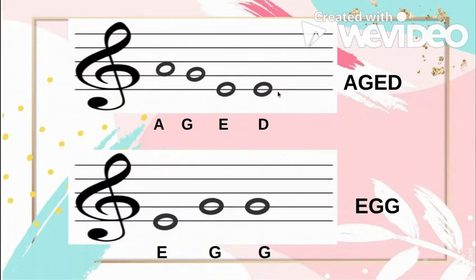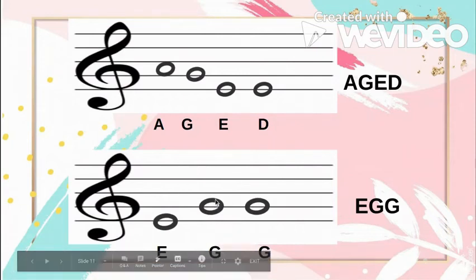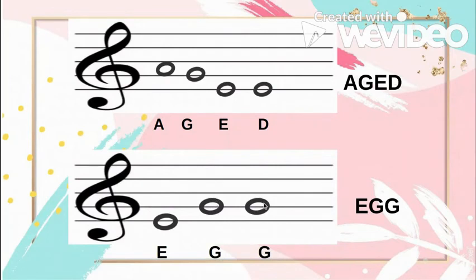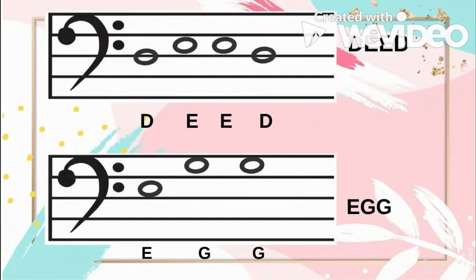Before the first line of the musical staff. So the word being formed in this musical staff is age, right? And the other one is the first line. That is E. Second line. So is G. The same egg.